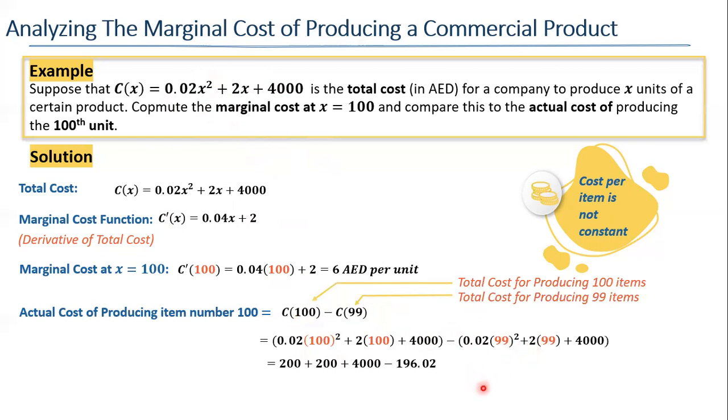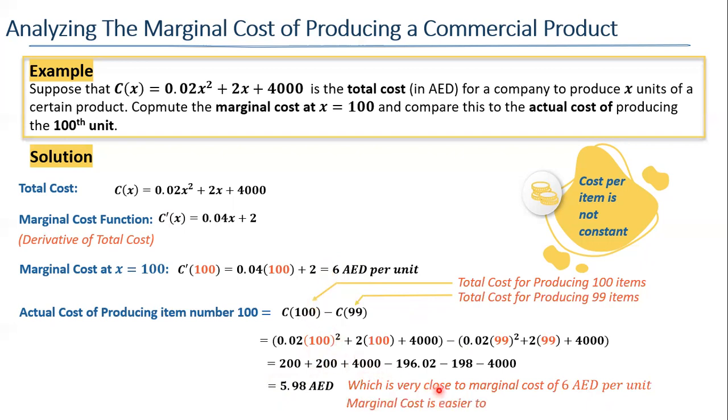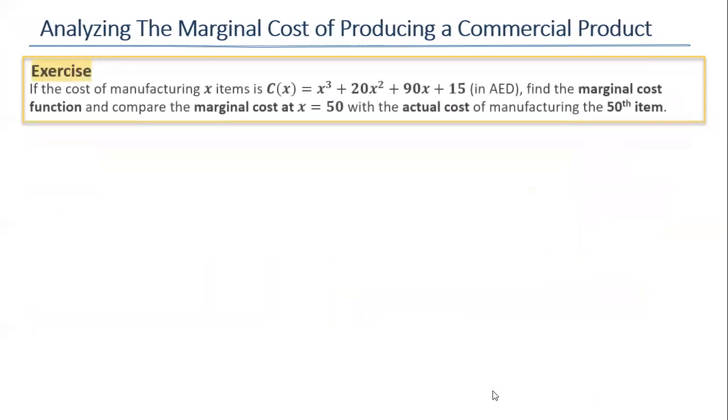By calculator, we'll get 5.98 dirhams, which is very close to the marginal cost of 6 dirhams per unit. This 6 and this 5.98 are so close.